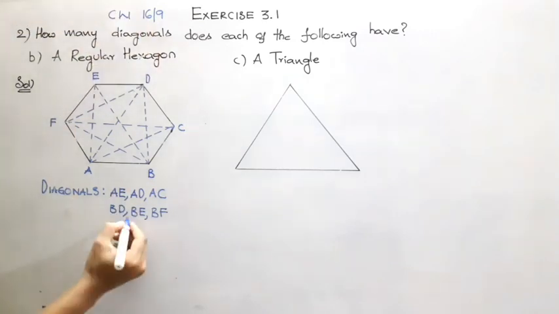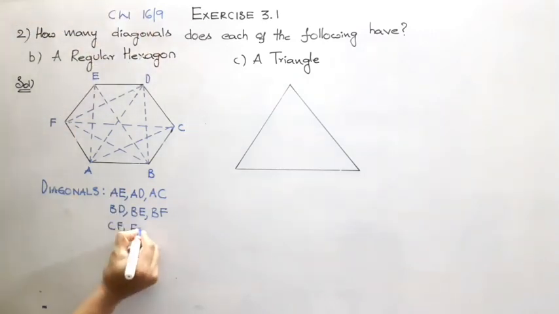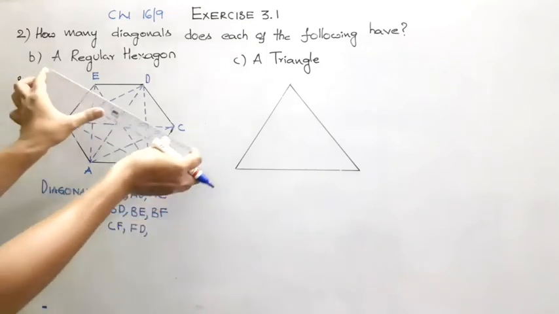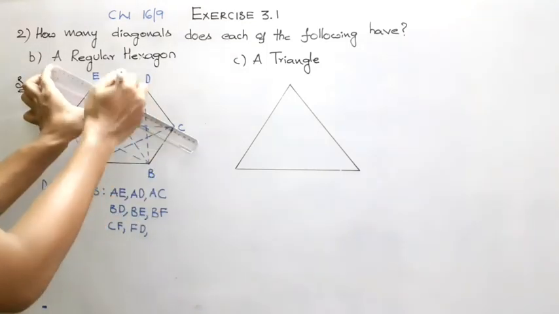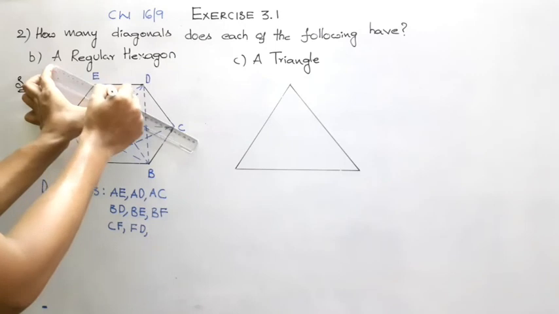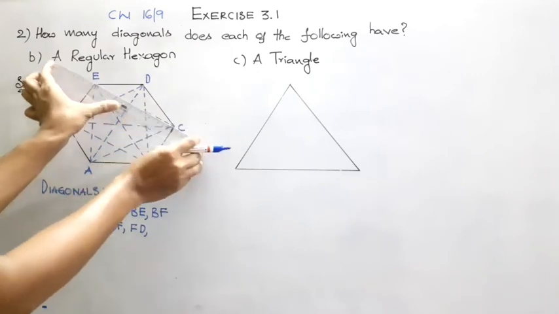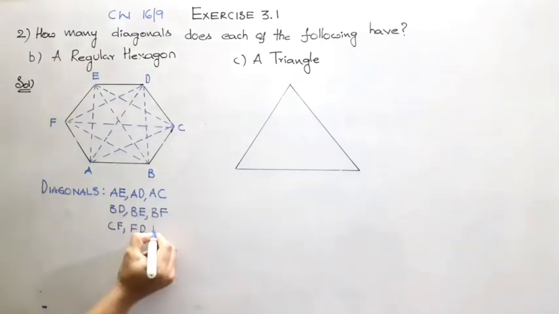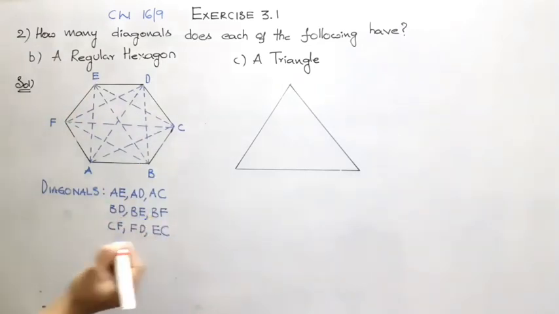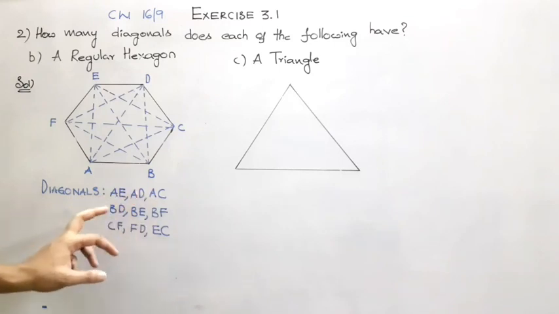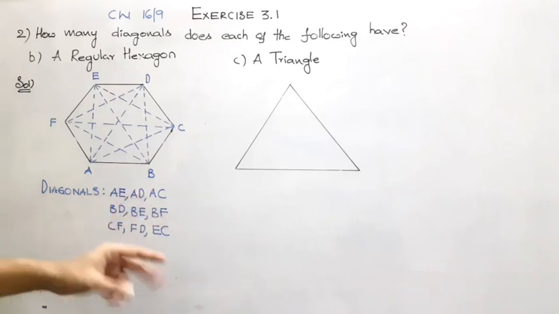Similarly, we can join E and C, so EC or CE. So in total we got how many diagonals? 1, 2, 3, 4, 5, 6, 7, 8, 9.